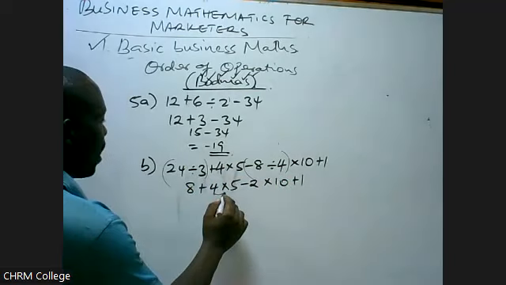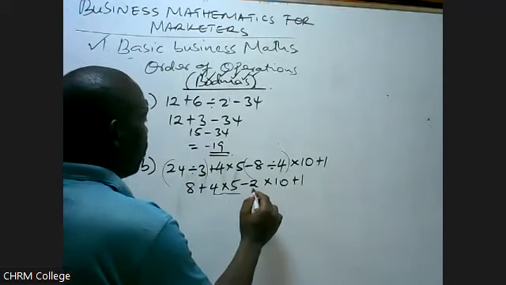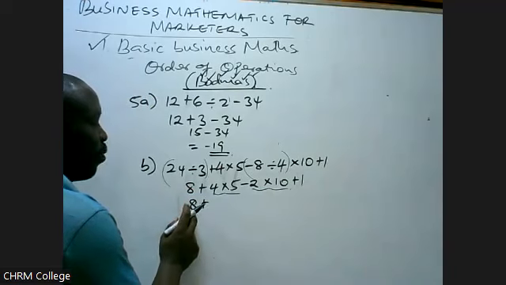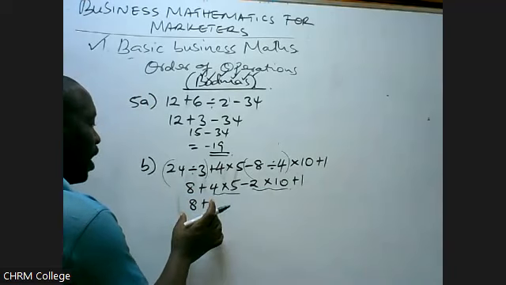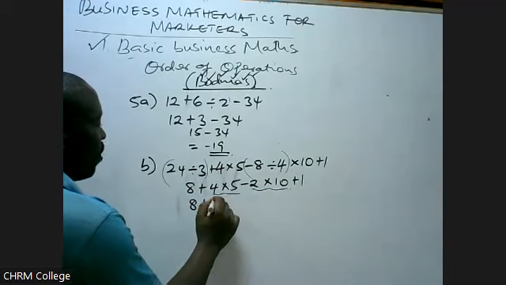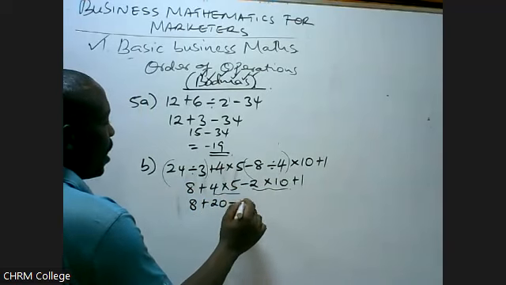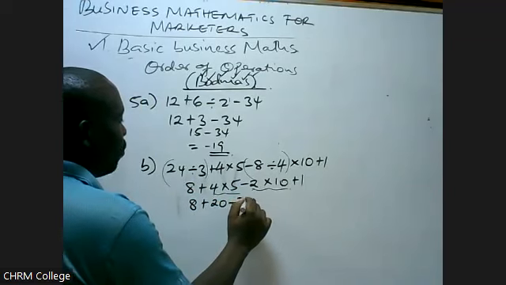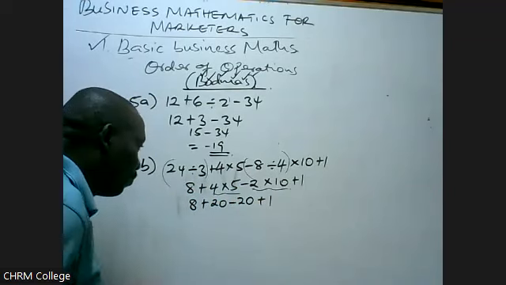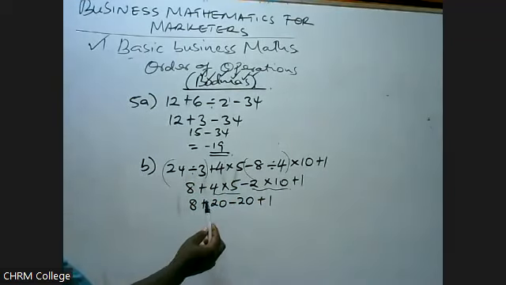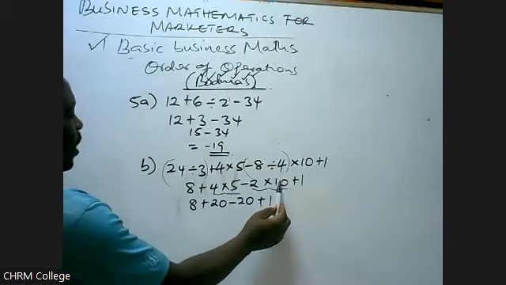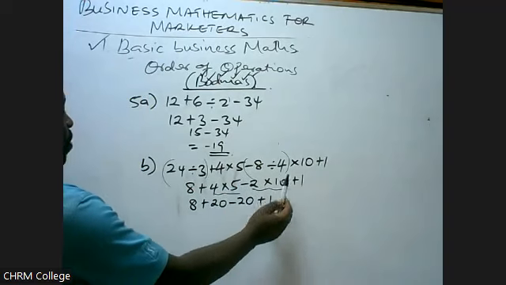So we have 8 plus 4 times 5 is 20, minus 2 times 10 is negative 20, plus 1.